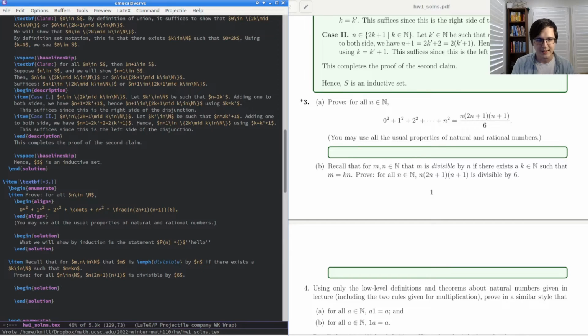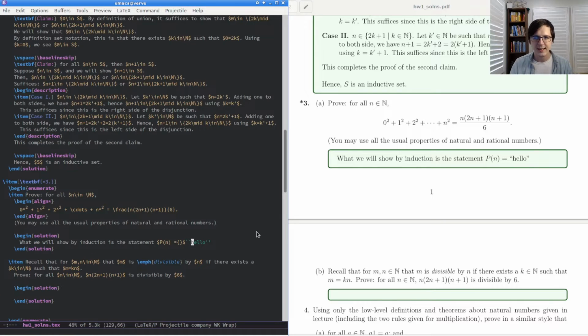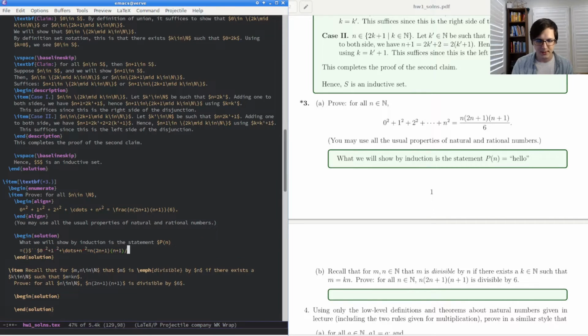Let's see if the spacing looks good. Yeah, okay. I just wanted that little space on both sides of the equal sign. Okay, the statement is 0 squared plus 1 squared plus dots plus n squared equals n times 2n plus 1 times n plus 1 over 6.